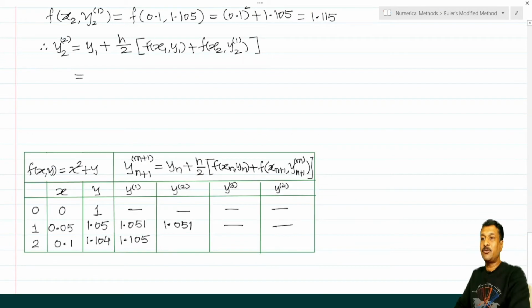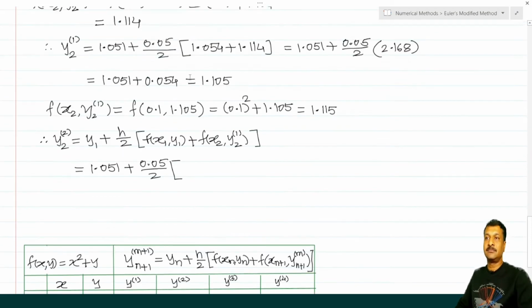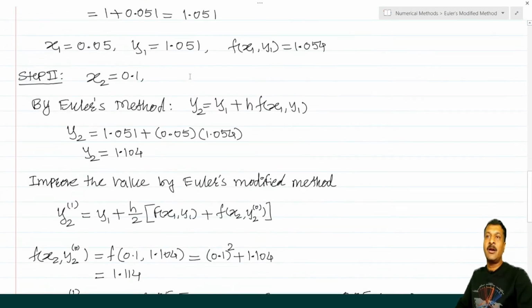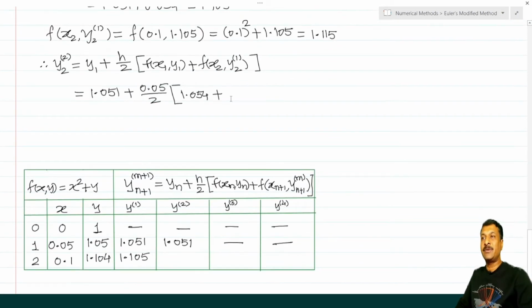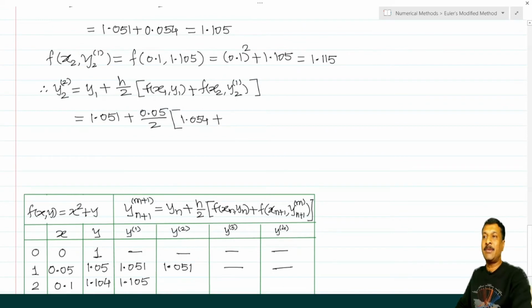So that is equal to, by the table I can consider, y1 the last value is 1.051 plus h is 0.05 by 2, f of x1 y1, this value is nothing but 1.054, plus f of x2 y2 with the new value, it is nothing but 1.115. That is equal to 1.051 plus 0.05 by 2.